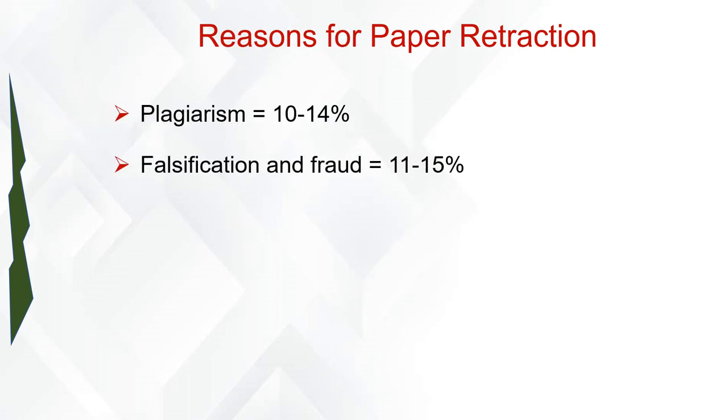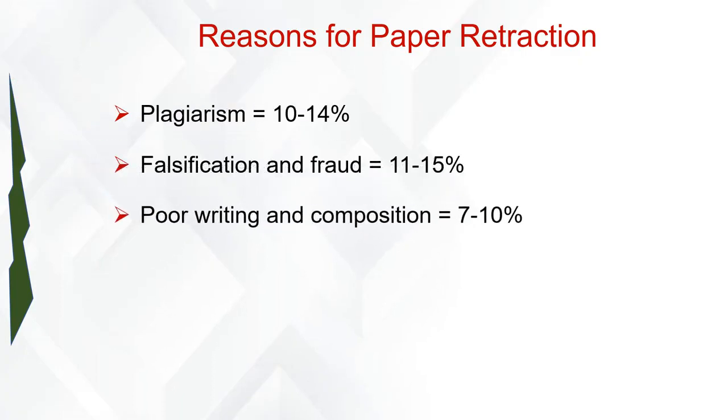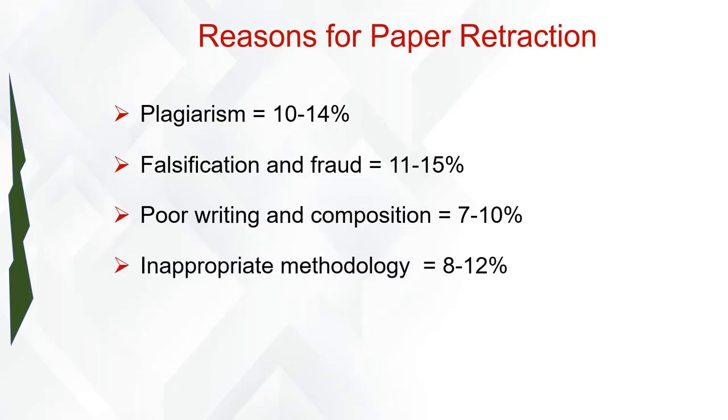Falsification and fraud lead to 11 to 15% retractions. And poor writing and composition, of course, that's not a part of plagiarism, but due to poor writing, plagiarism may happen. And 7 to 10% of papers were retracted because of these characteristics. Then inappropriate methodology.